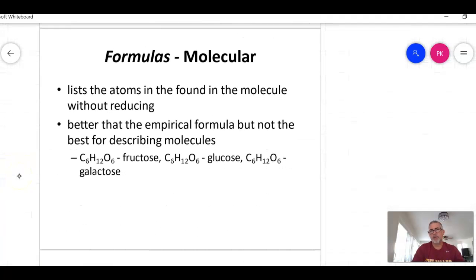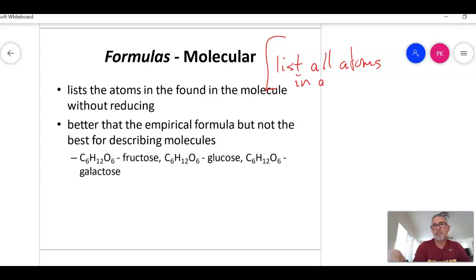So molecular formulas. They list all atoms in a molecule.